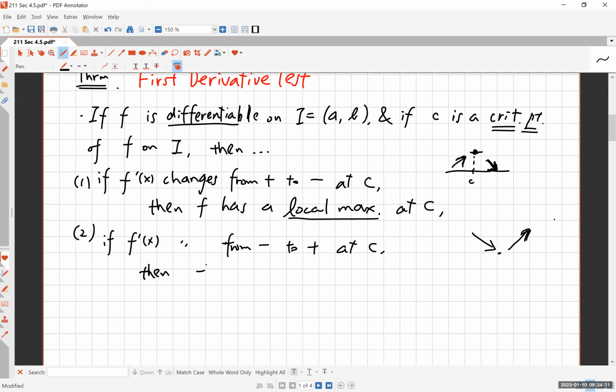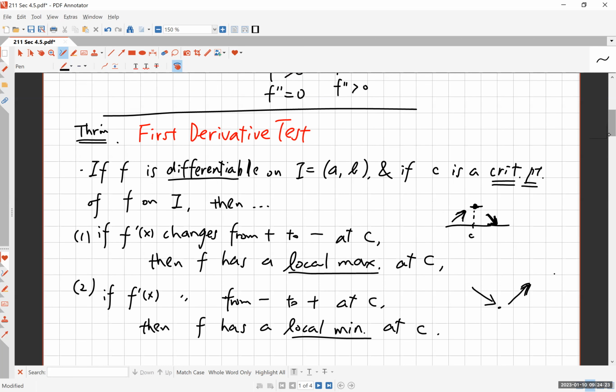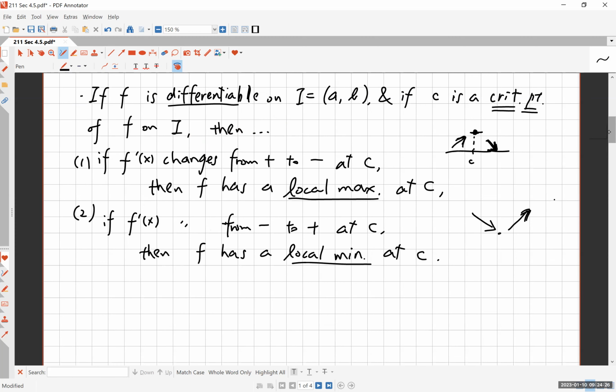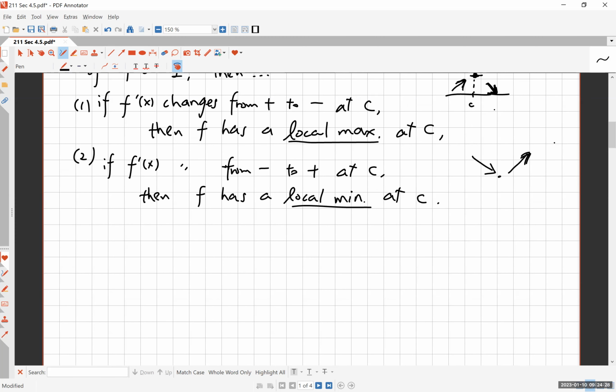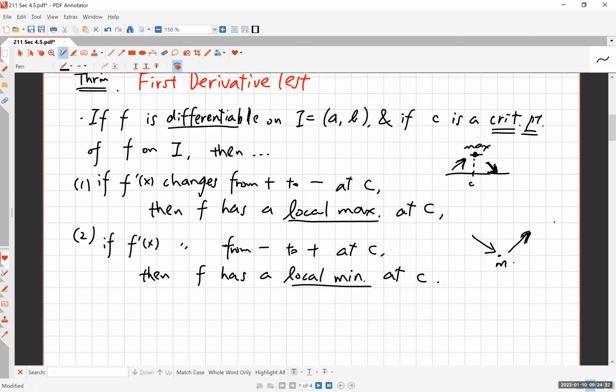Then you can safely assume that f has a local minimum at C. This is known as the first derivative test. Again, it must be pretty obvious, right? The pictures are here. Look at this and it should make sense.